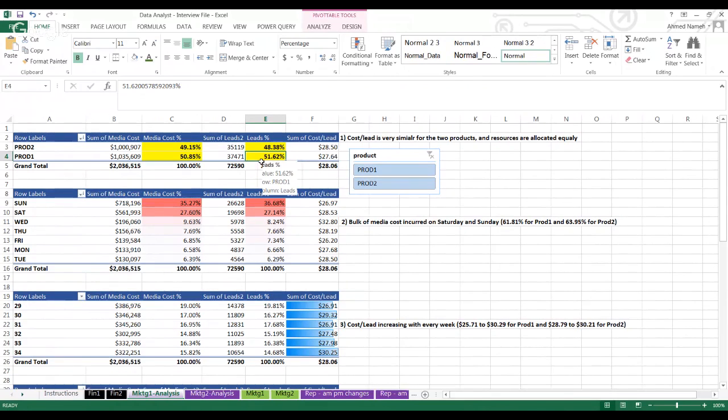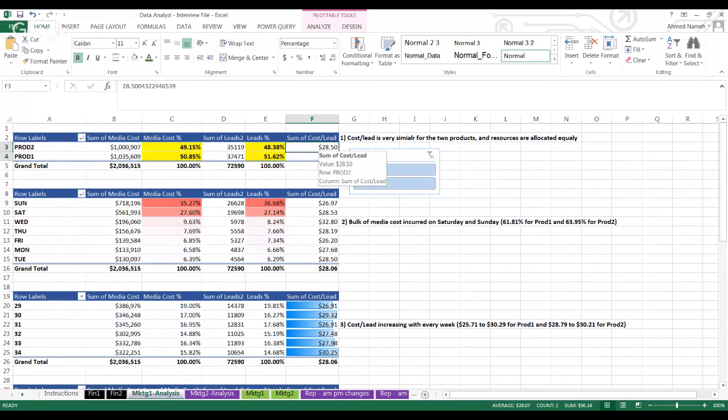The first thing I noticed is that the company has decided to allocate its resources essentially equally between the two products. As you can see here, product two and product one, percentage as a total of the media cost is roughly 50-50. Percentage as a total of the leads generated is also roughly 50-50.